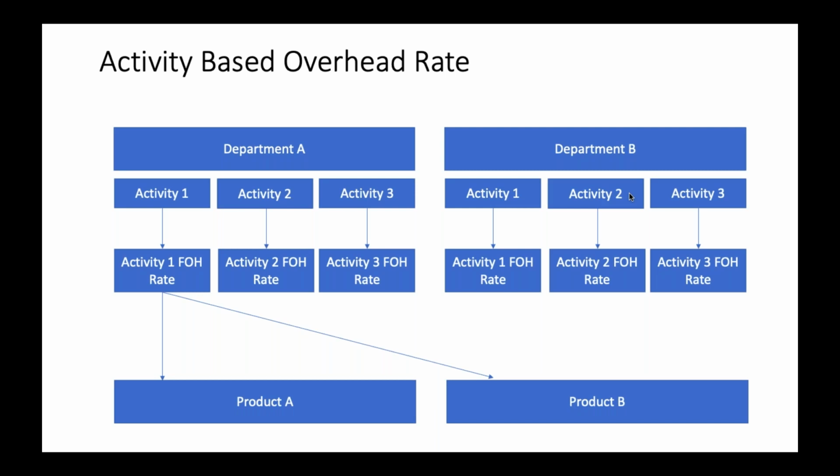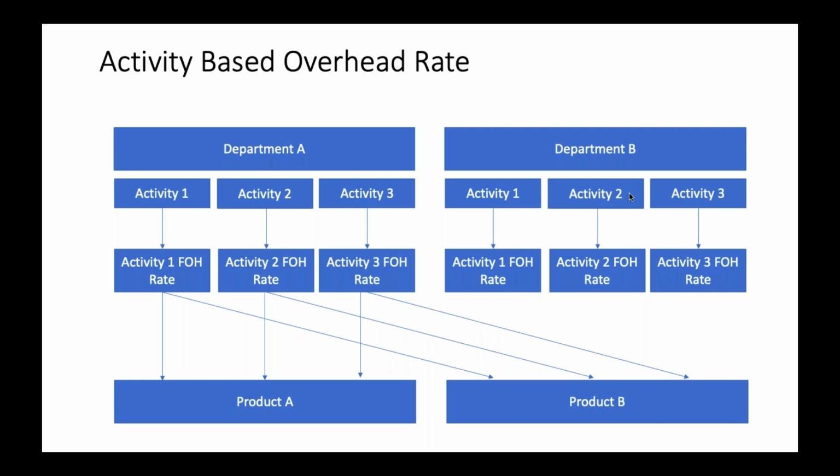If activity 2 of department A will be used to produce products A and B, we will also use the activity 2 factory overhead rate under department A for both products A and B. Same with activity 3 under department A.